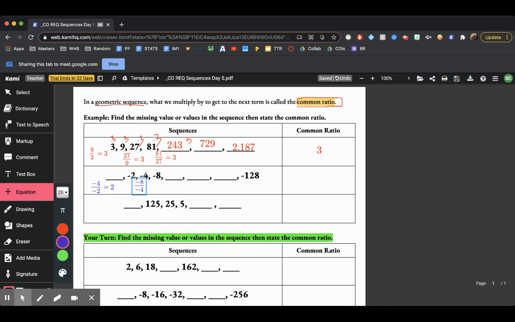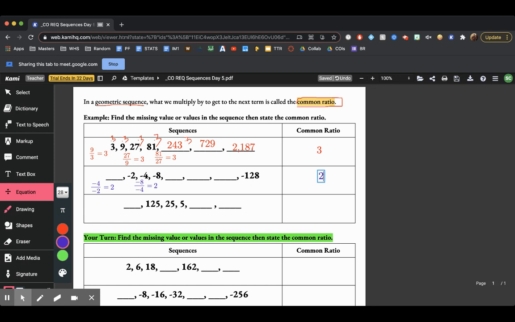That's why I type it afterwards, because otherwise I still have to go and fix it. So -8 divided by -4 gives me +2. Since both of them give me 2, that indicates that the common ratio is 2.